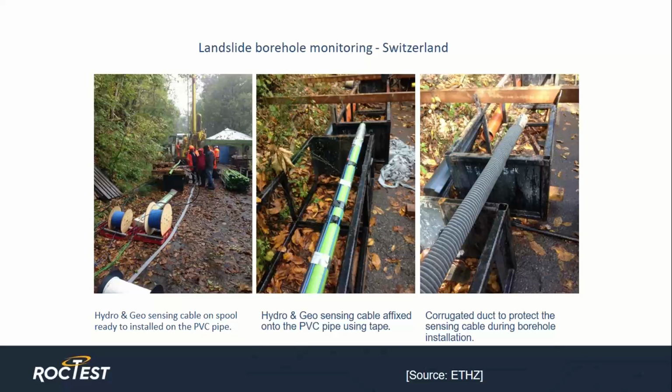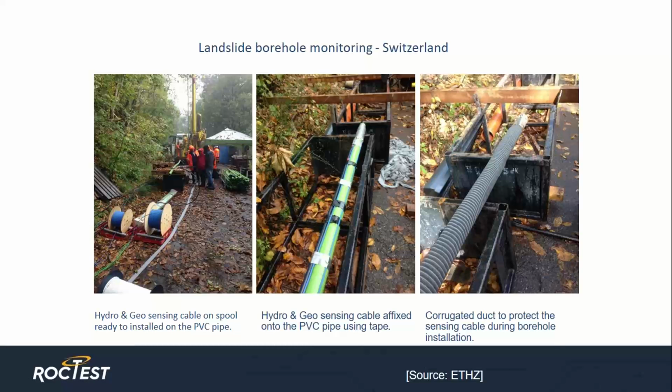In order to reach the drilling targets, the borehole equipped with the monitoring system had to survive the local deformations for as long as possible. The fiber optic system was chosen to closely monitor the borehole for deformations during the drilling and after completion. 2 Hydro&Geo sensing cable loops were pulled down the borehole at 120 meters and 230 meters in depth, respectively.